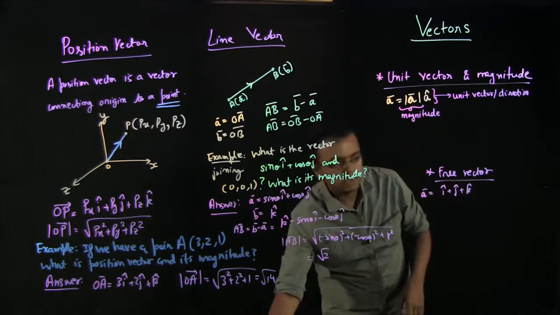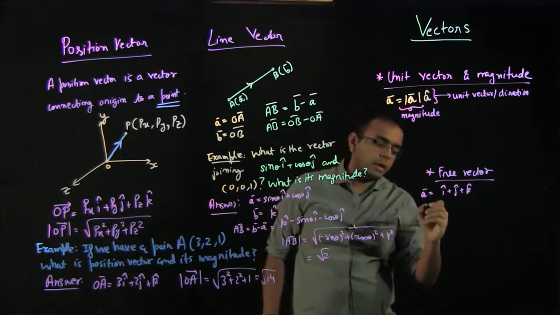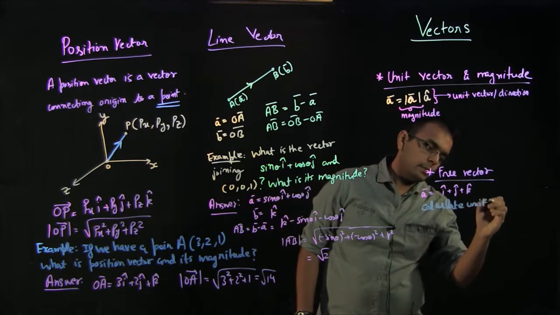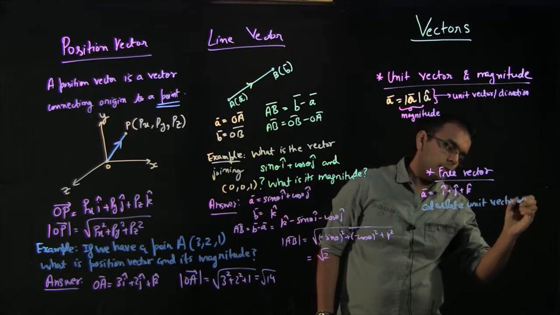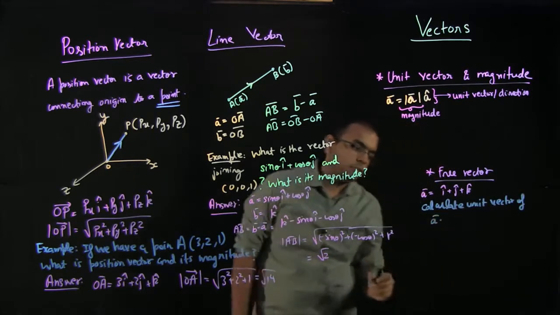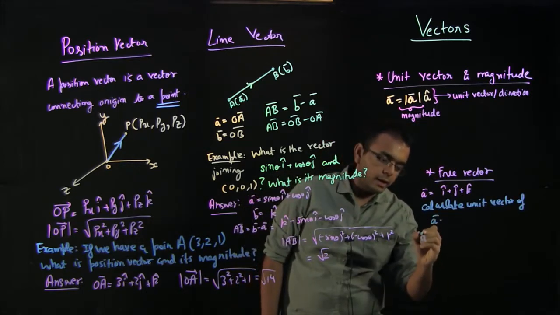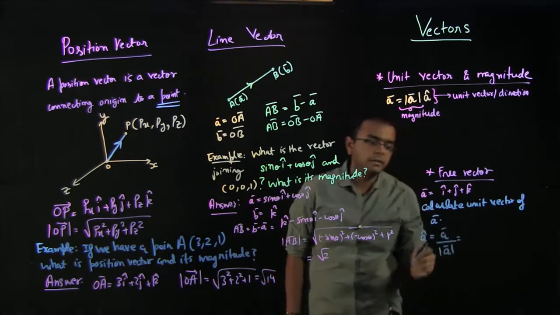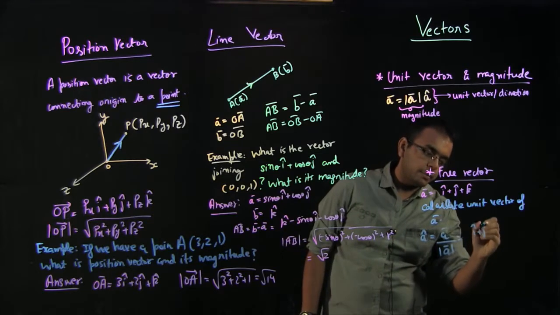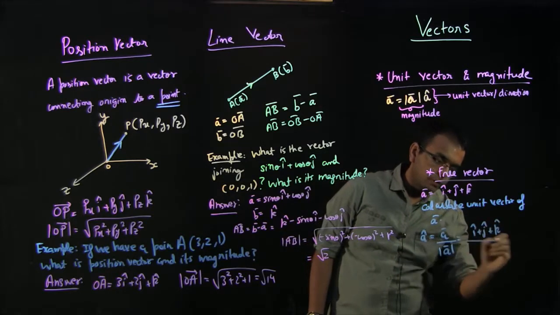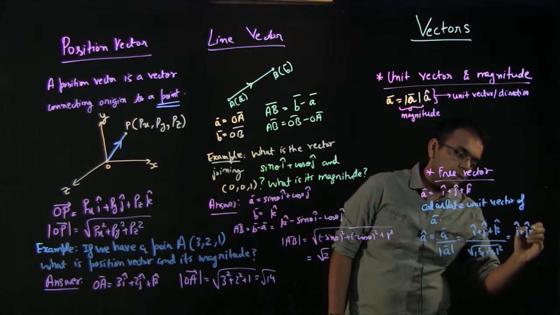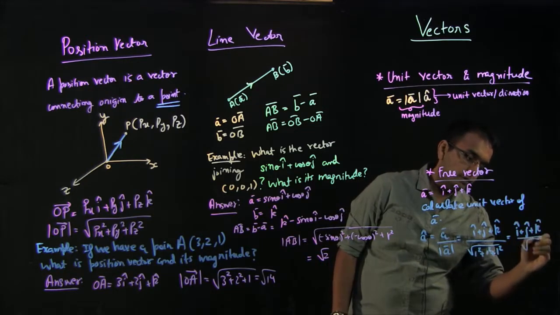So for instance, if I have to calculate the unit vector of vector A, you can write A cap as vector A by mod of A. Vector A in this case is I cap plus j cap plus k cap, and mod of A is square root of 1 square plus 1 square plus 1 square, and this means I cap plus j cap plus k cap by square root of 3.